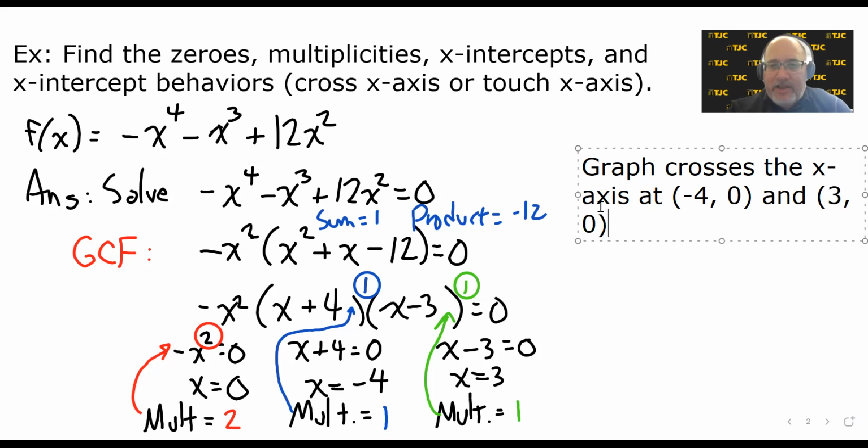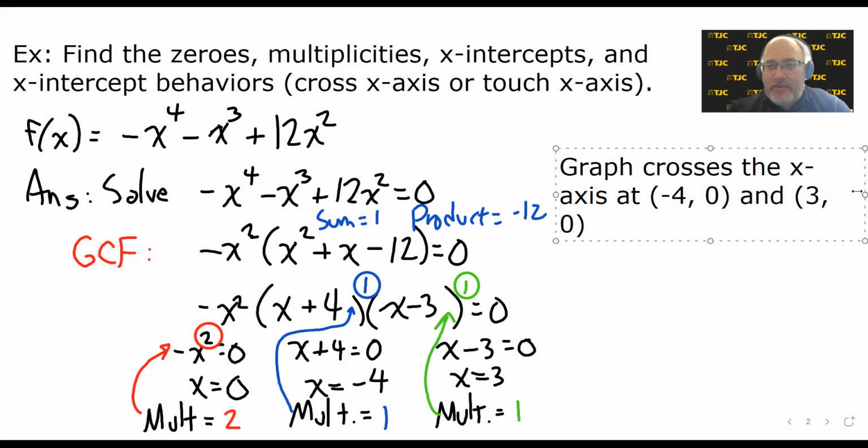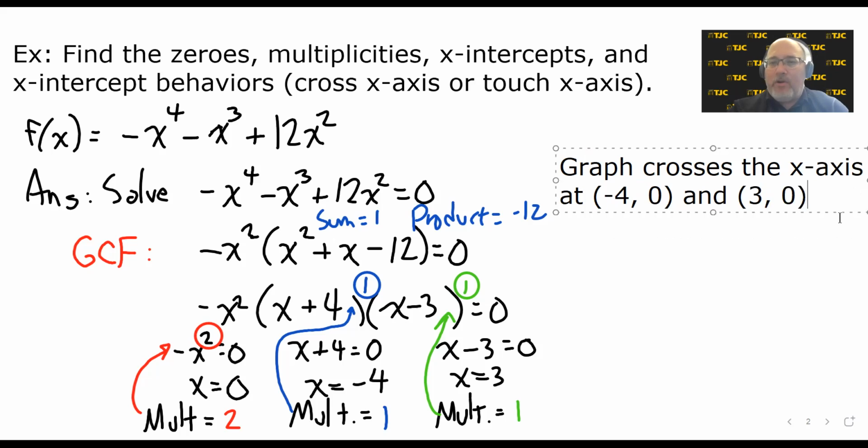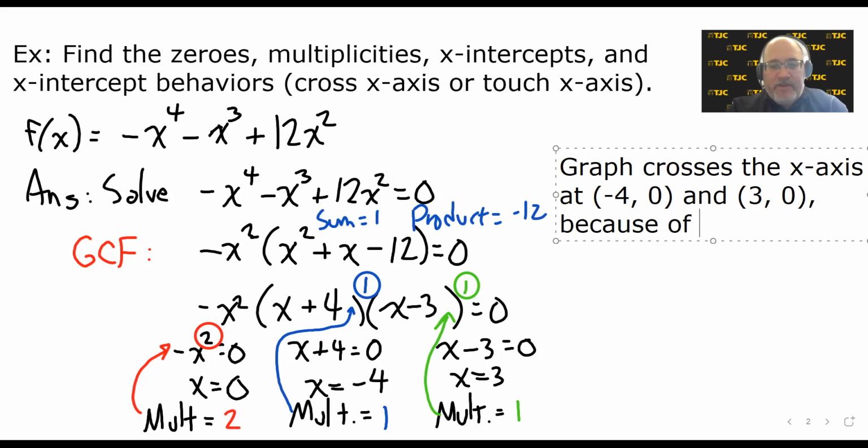Graph crosses the x-axis at -4, comma 0 and 3, comma 0 because of the odd multiplicities.